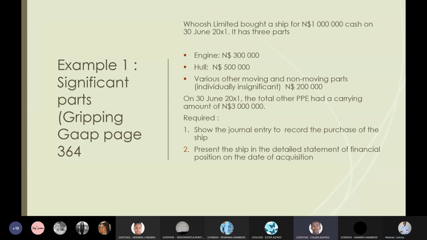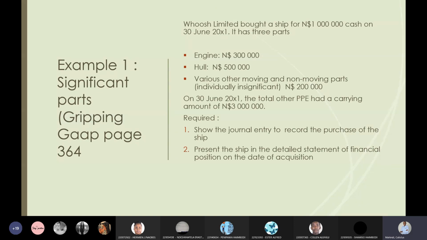All right. So on 30 June 20X1, the total other PPE had a carrying amount of 3 million. So they had 3 million worth of property, plant, and equipment. That's the total other PPE, which had a carrying amount of 3 million.